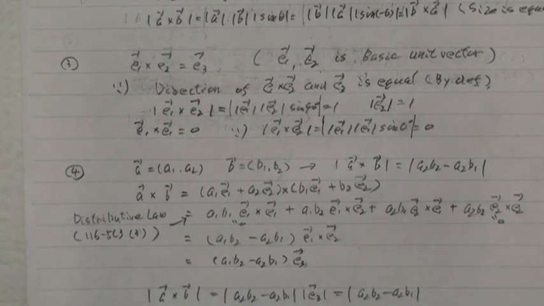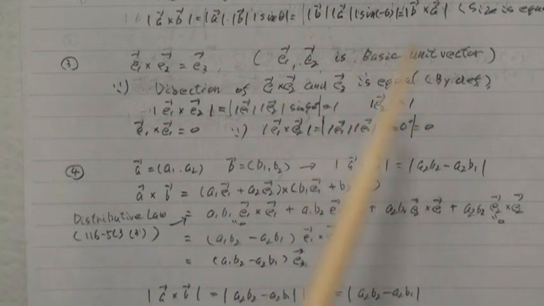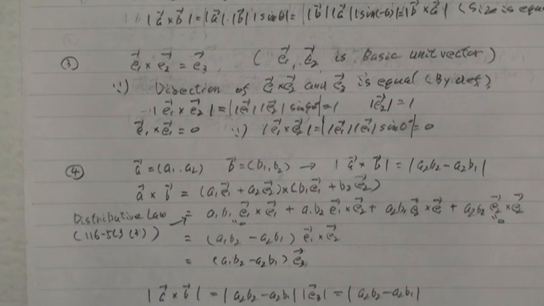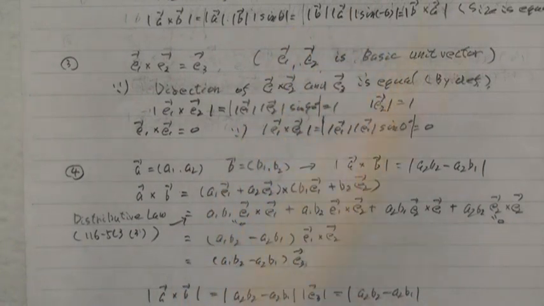Circle 3. Vector E1, vector E2, vector E3 are basic unit vectors.